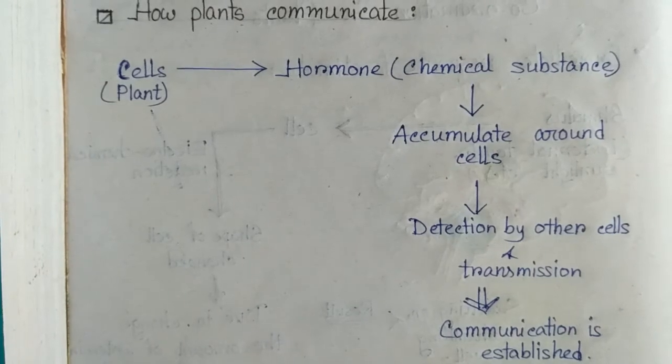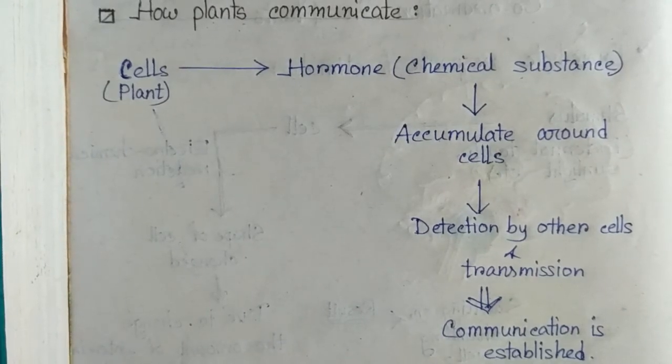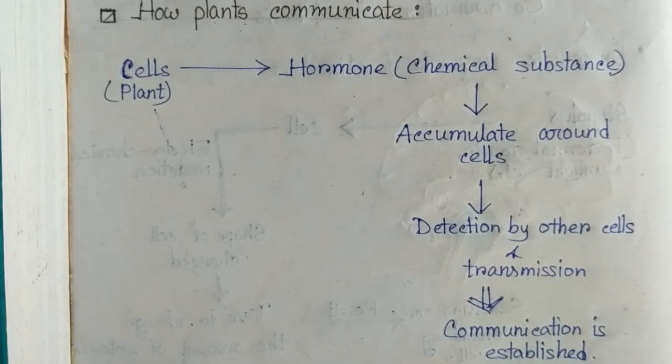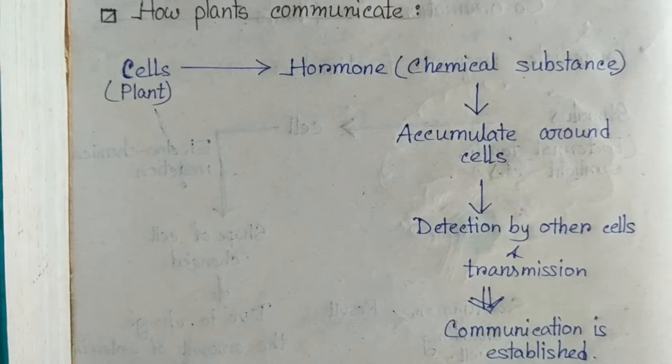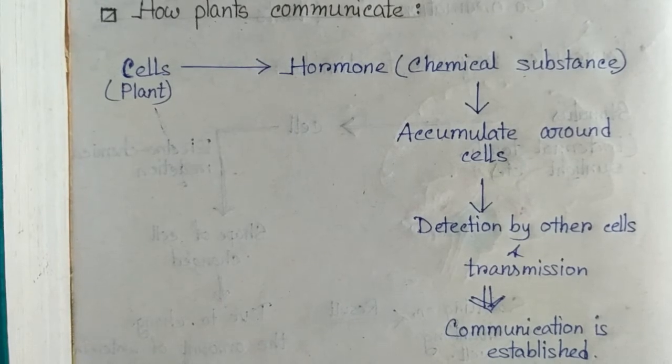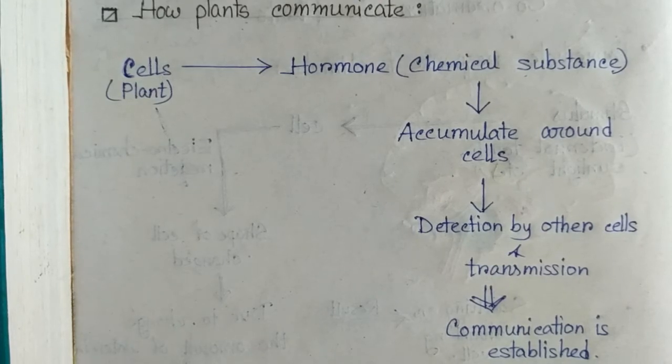We generally find chemical communication in multicellular organisms through the nervous system, but nerve connection is absent in plants. So plant cells release hormones as chemical substances. Now what are hormones? Hormones are generated in one place and move away from their origin by a diffusion mechanism.